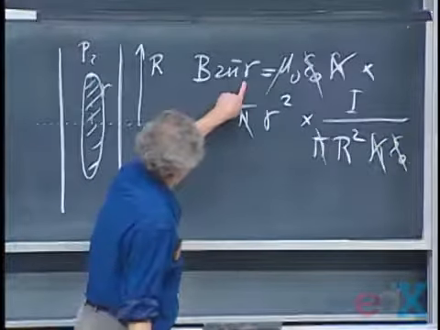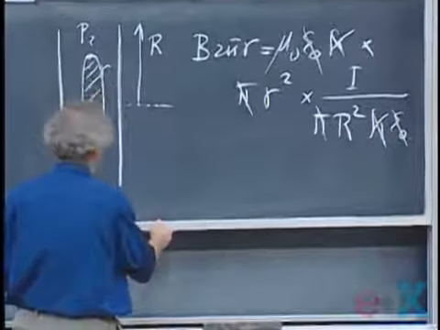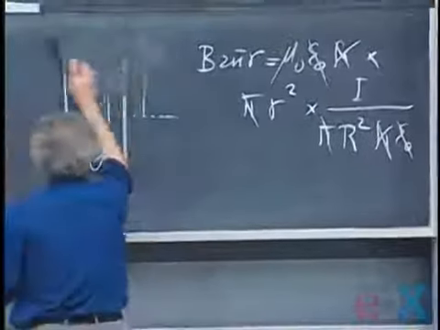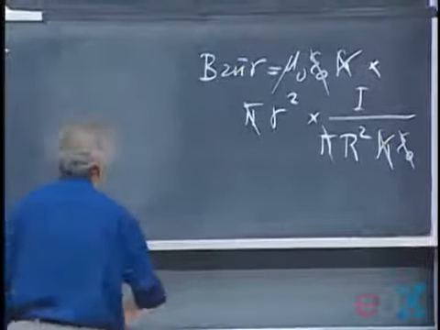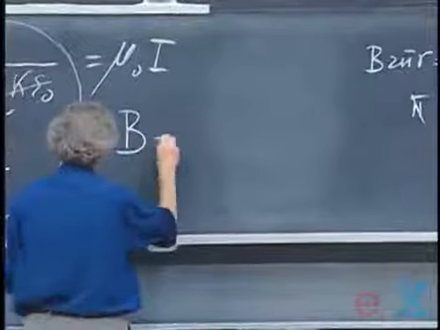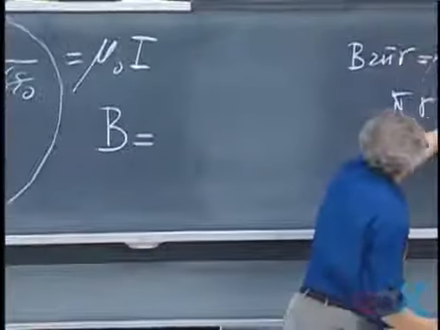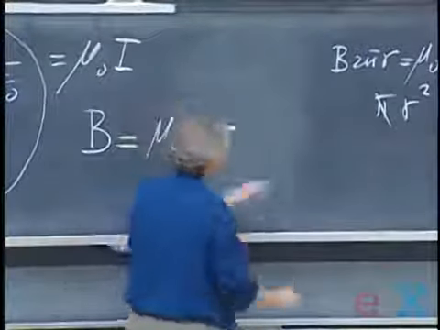And look, I have a little r here and I have a little r squared there. So now we're going to get a result, which is something that you may actually have anticipated, namely that you get a field inside the capacitor that is growing with r. Because if I make up my balance, I get upstairs mu zero times I, but I get one little r upstairs.